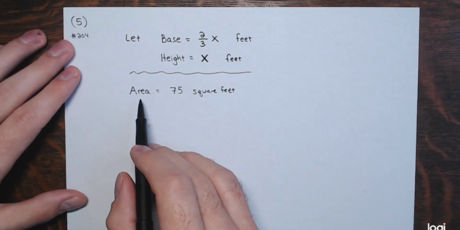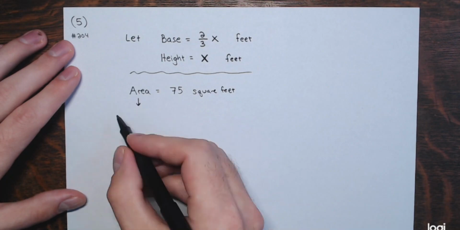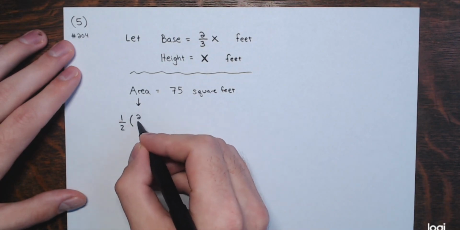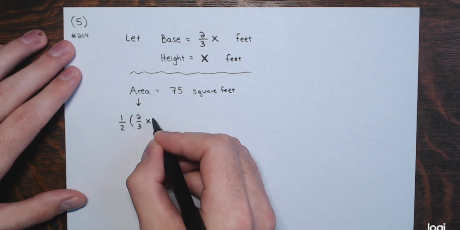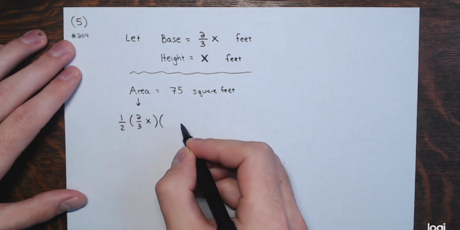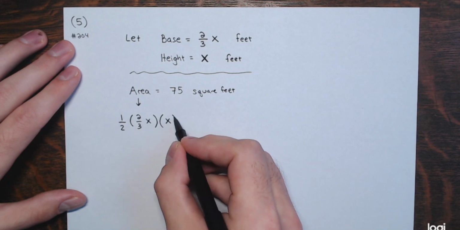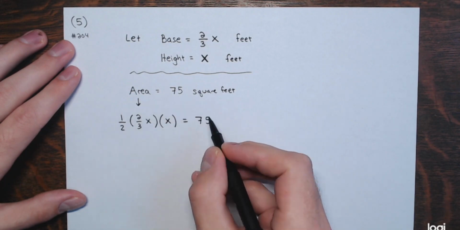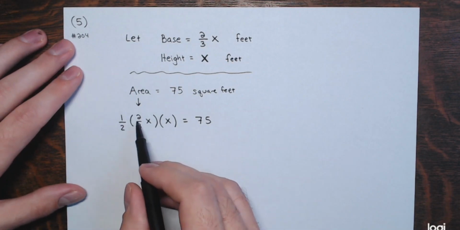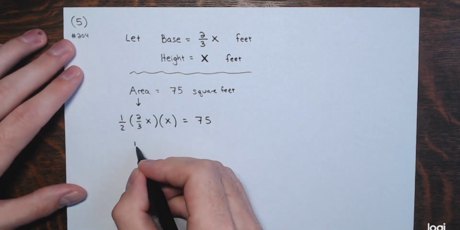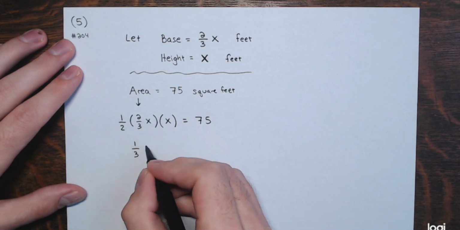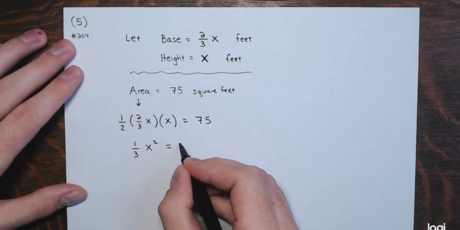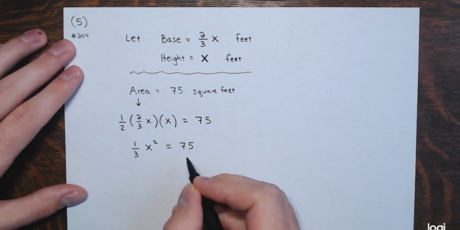Remember, the area of a triangle is half the length of the base, so half of 2/3 times x, times the height, which is just x again. And this is equal to 75, and here's my quadratic model. Now half of 2/3 is 1/3, so this is 1/3 times x squared equals 75. Here's the quadratic equation that we're trying to solve.